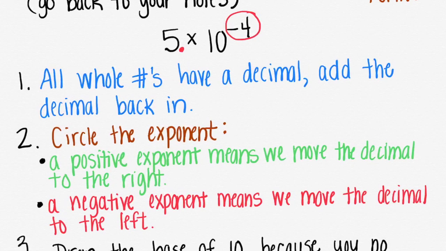In this particular example, we have a negative exponent, so we are going to be moving our decimal to the left. It says that we have a negative and a 4. We are going to move it 4 spaces, 1, 2, 3, 4, to the left. Now, we have 3 spaces in front of the 5 that have nothing there. You are going to fill those in with zeros.